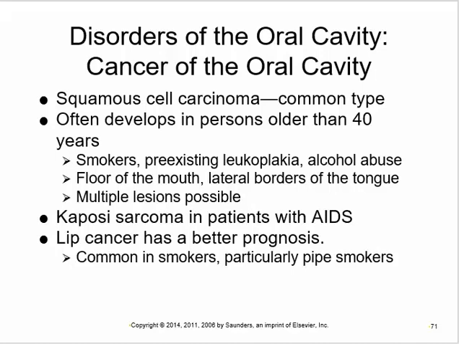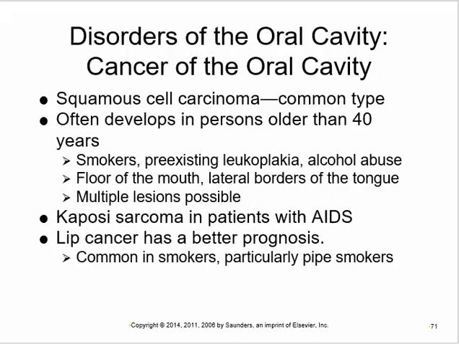It's got to do with repetitive irritation. So smokers, alcohol abuse, so it happens on the lateral borders of the tongue and on the floor of the mouth. You can get Kaposi sarcomas if you have AIDS.